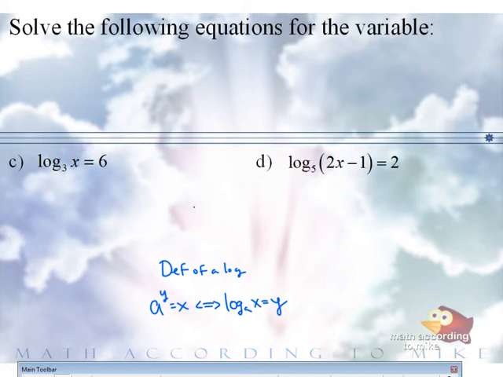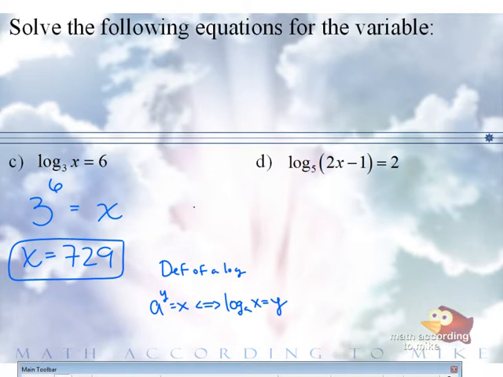What's the base of the logarithm in part C? 3 raised to the 6 equals x. What is 3 to the 6th? 729. That's it, really? Yeah. And you're done. Did you get x by itself? Yep.